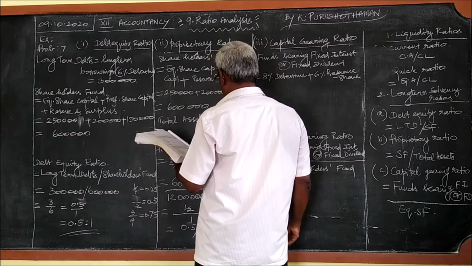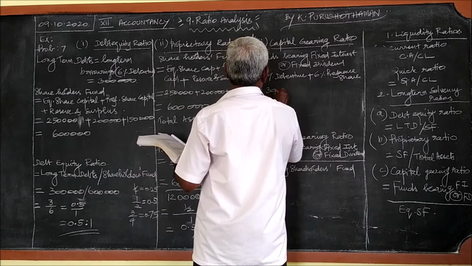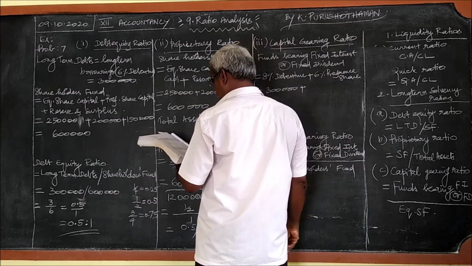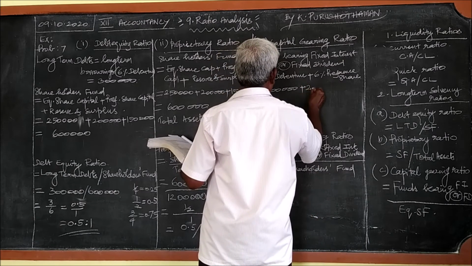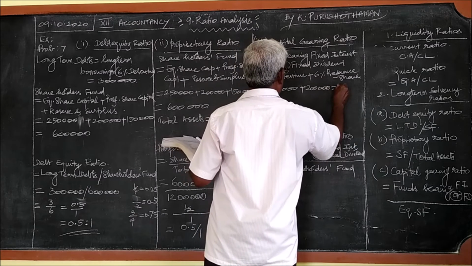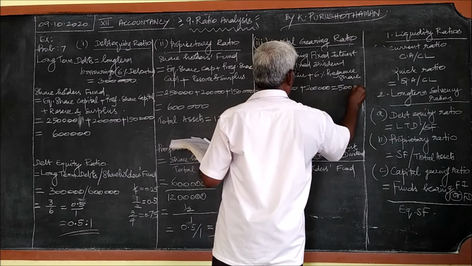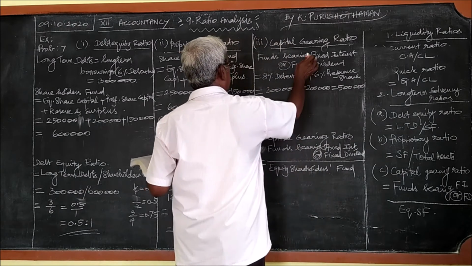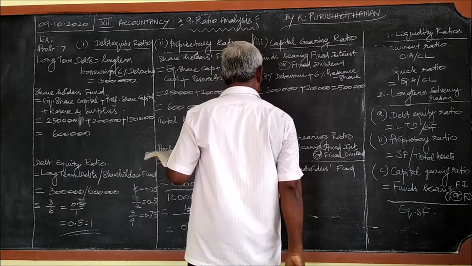Debenture is 3 lakhs plus 6% preference shares 2 lakhs, which is equal to 5 lakhs. This is the funds bearing fixed interest or fixed dividend, 5 lakhs.